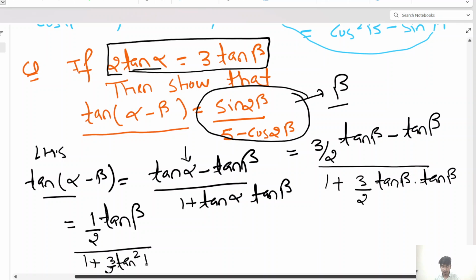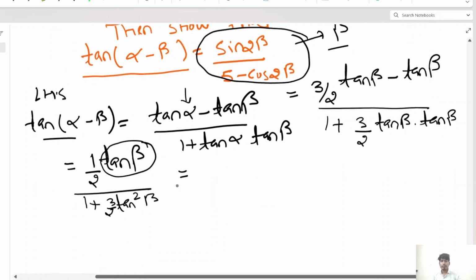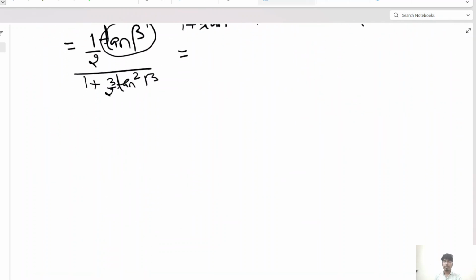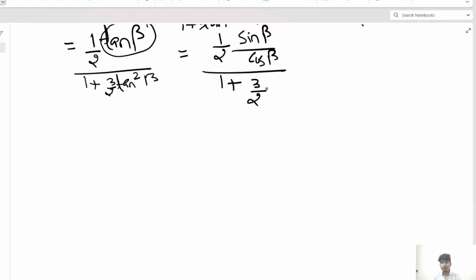Then simply write tan beta in sin beta and cos beta: half of sin beta upon cos beta, and 1 plus 3 upon 2 sin square beta upon cos square beta.